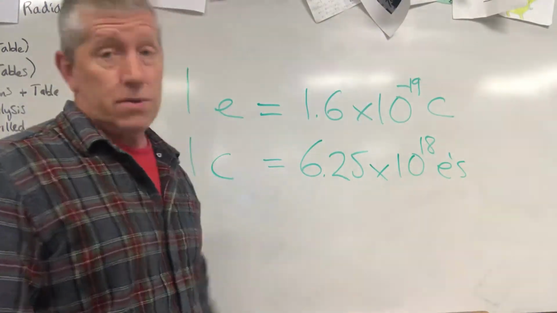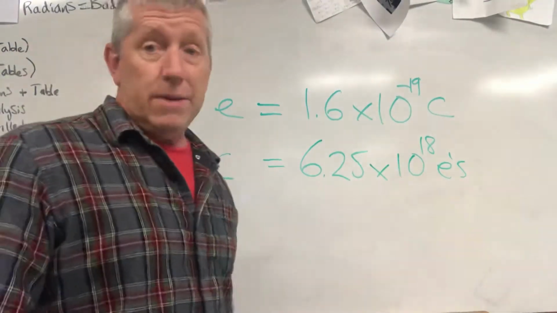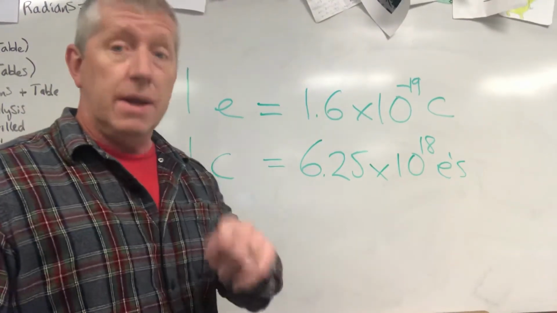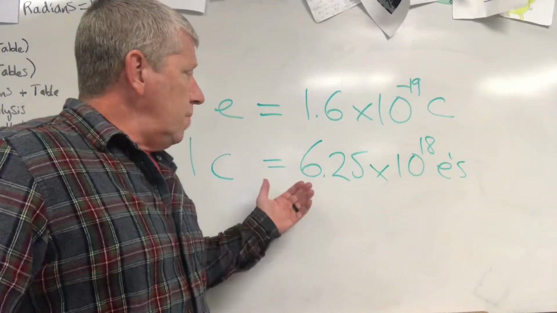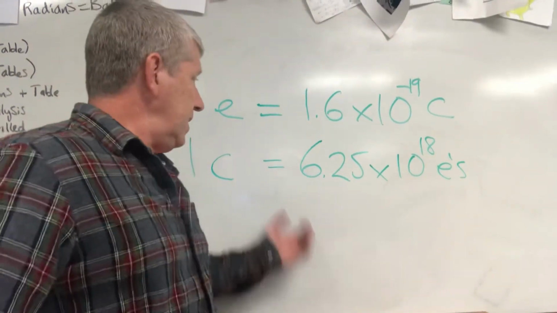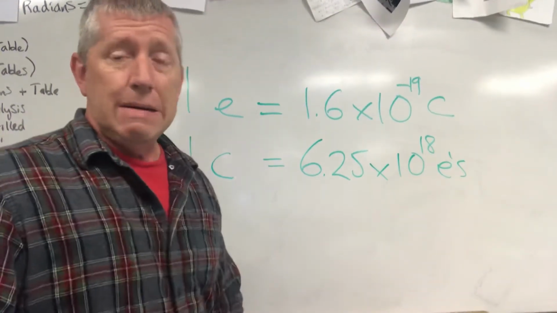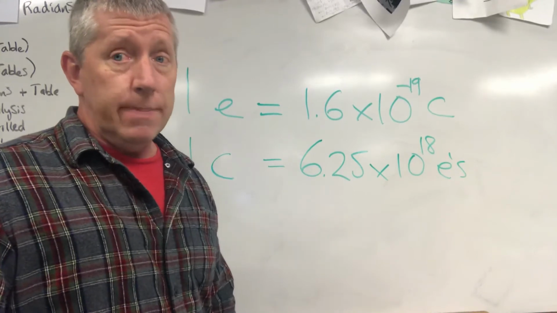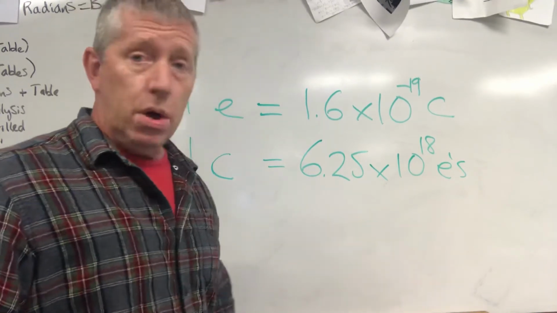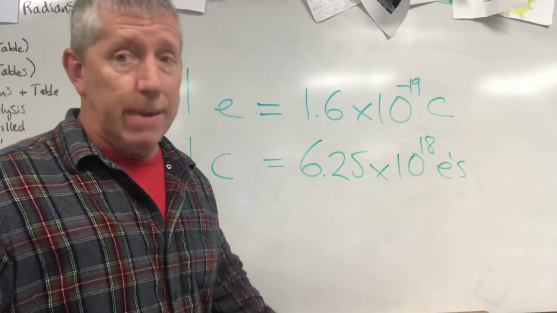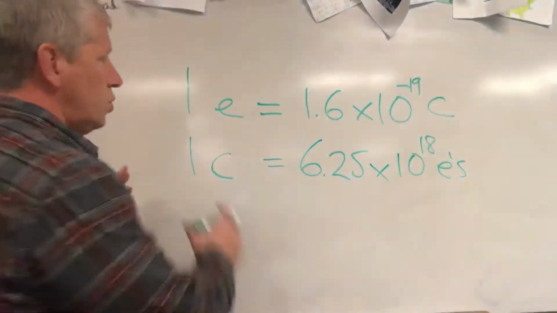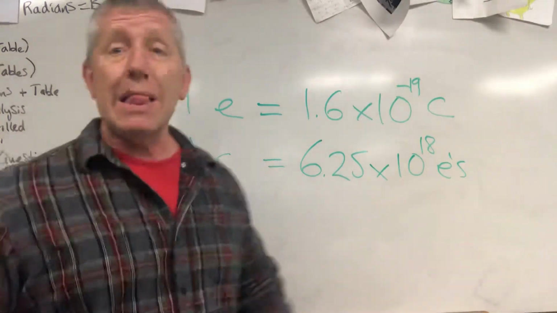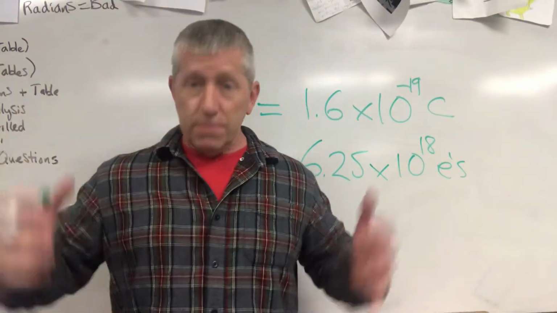That's a lot of electrons, people. You write that number out, that's a butt ton of electrons. So if you were to get struck by this many electrons, that could be a very bad day for you. So a Coulomb is a very large amount of electricity. When we're talking about coulombs, we are talking about lightning bolt size stuff.